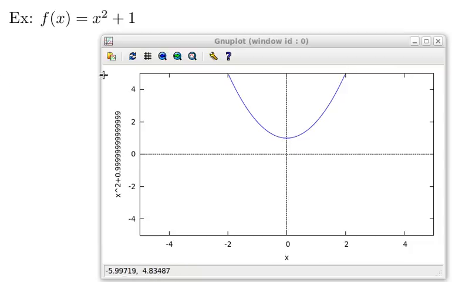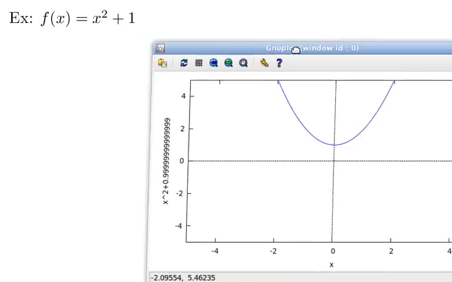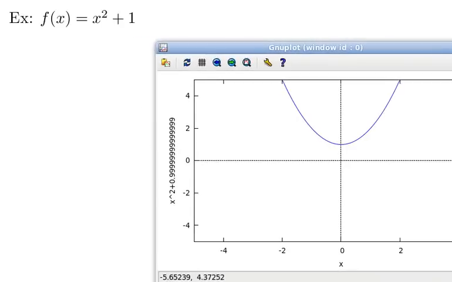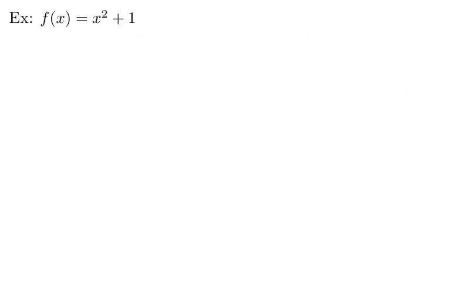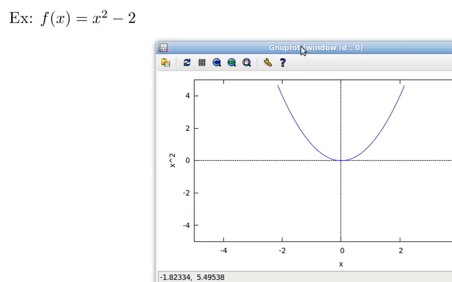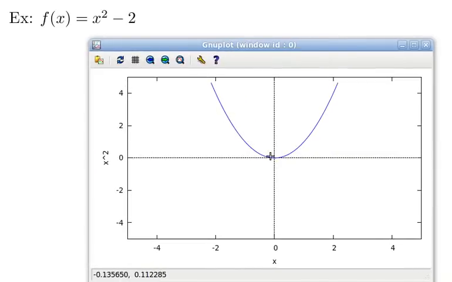So what about, on the other hand, let's take f of x equals x squared minus 2. So instead of plus 1, we're subtracting 2. Let's get back that graph. So here's the original f of x equals x squared again.